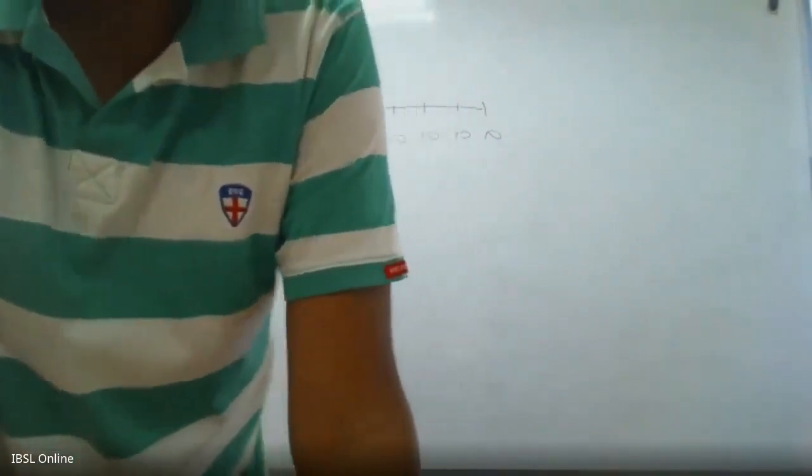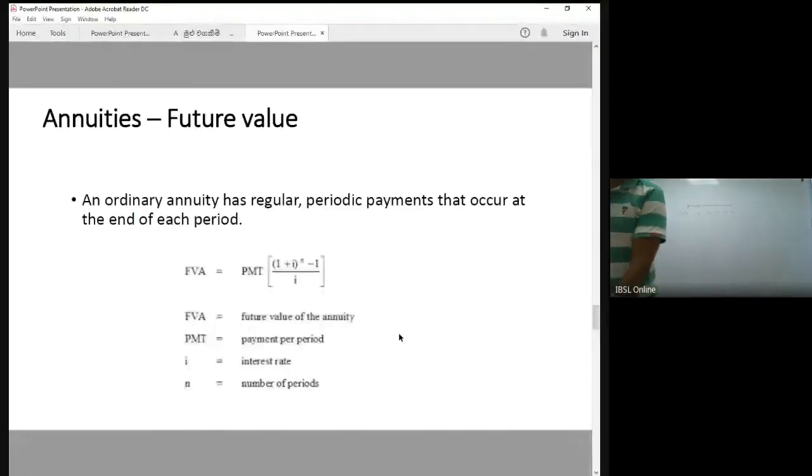An ordinary annuity has a regular periodic payment that occurs at the end of each period. And so this equation gives the present value of an annuity. Now the good news is you need not memorize this equation. I have tried so many times to memorize this.